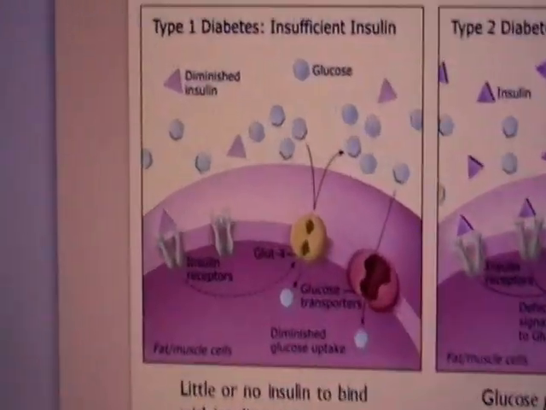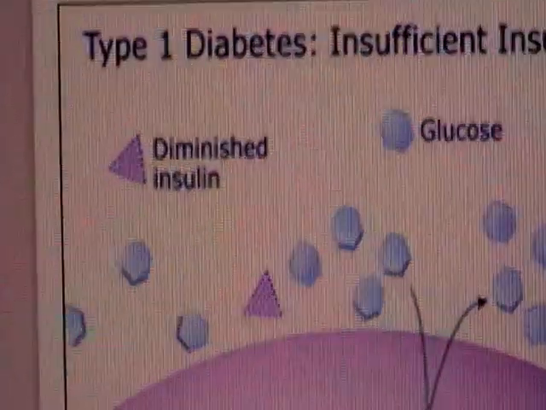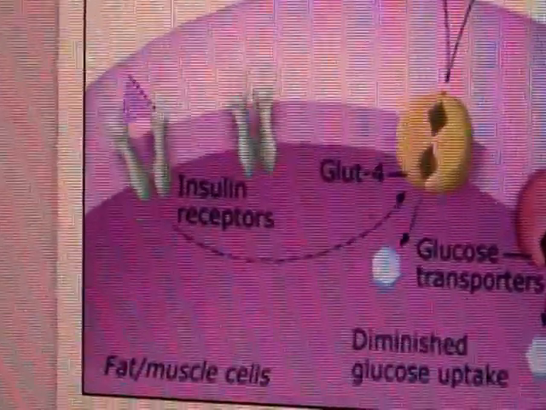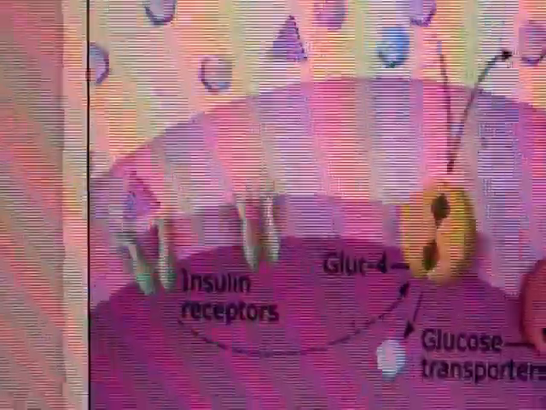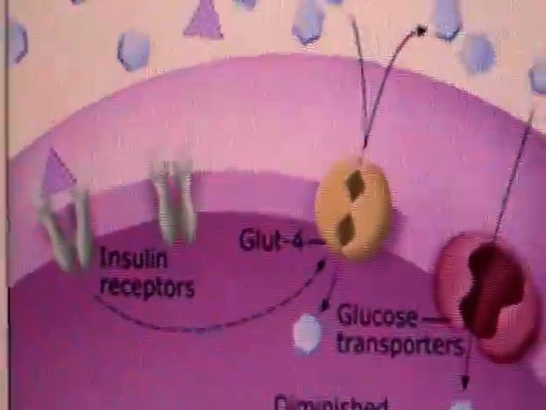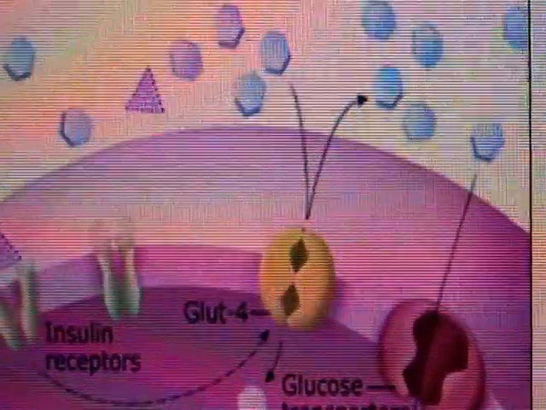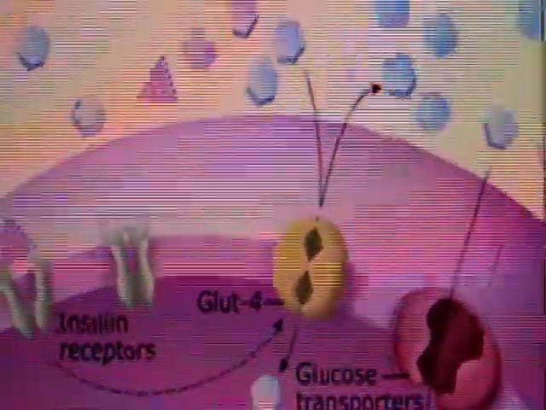So this is a diagram. As you can see here, for type 1, there will be a diminished level of insulin, not enough insulin. So many of the insulin receptors will not bind to insulin. Therefore, the transporter which is responsible for the active uptake of glucose into the body cells will not be working.